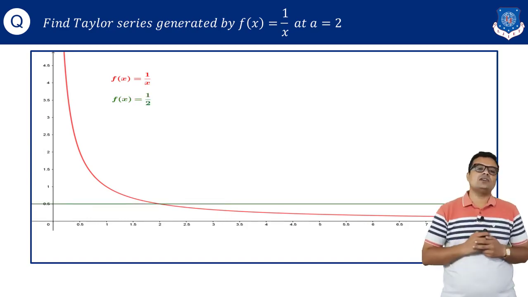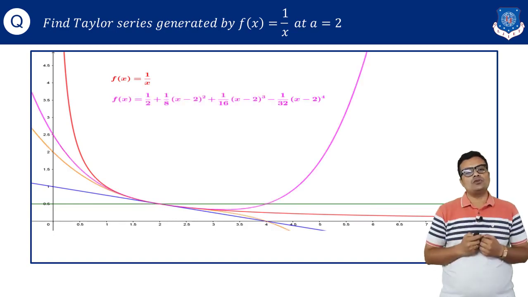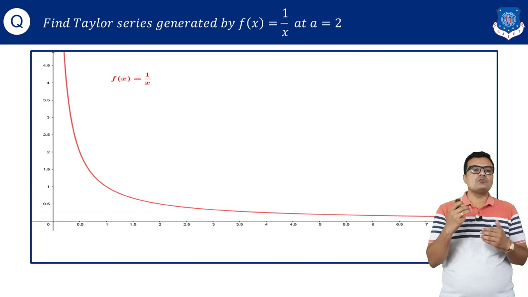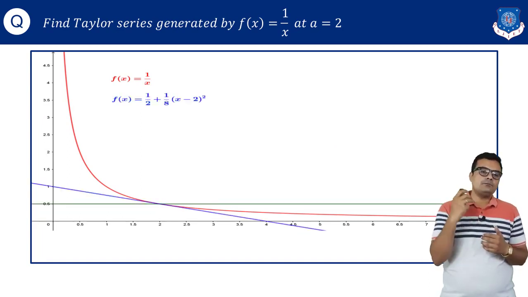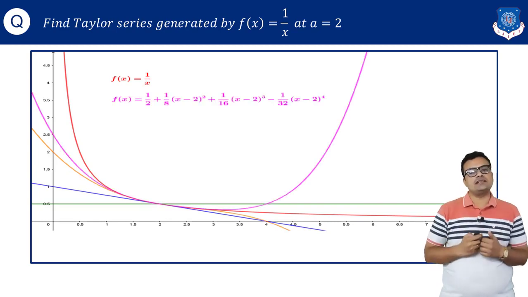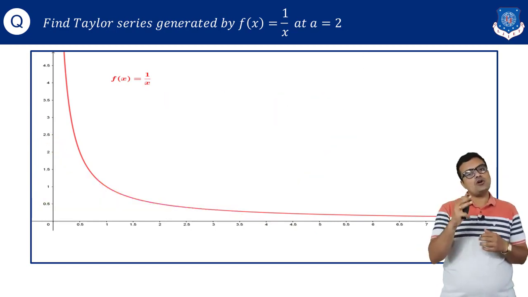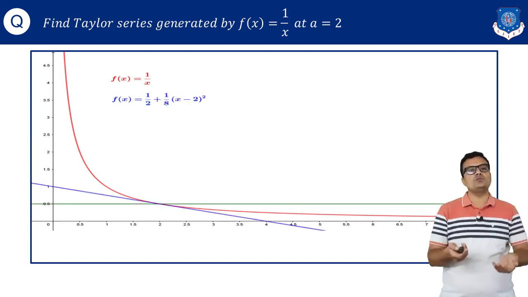So in this graphic you can see clearly I am adding all the terms of the Taylor series up to n equal to 4. So step by step we are moving towards that red graph. It is a straight line, a parabola with a very small curvature, a cubic graph and then a quartic graph. This is how we are moving towards the function using polynomial approximation.